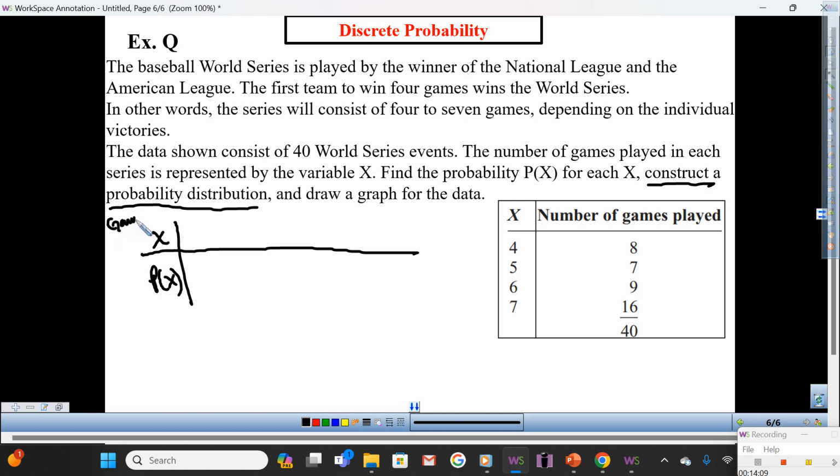Games played, that is correct. Games played, label that. And the bottom P of X is just the probability. All right, so let's start with X. Do they give us the X values already? Yeah, they're right here, so let's write them out. 4, 5, 6, and 7.